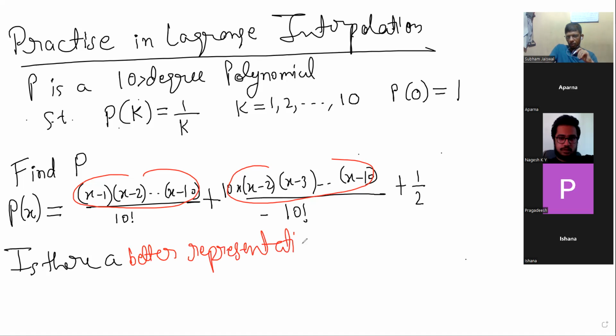Has anybody thought of doing this problem without Lagrange interpolation? Because Lagrange interpolation doesn't care about the representation in that way. It only cares about the coefficients when the representation is done using these chunks, not powers of x, not the factored form.